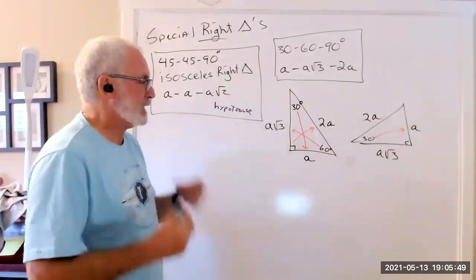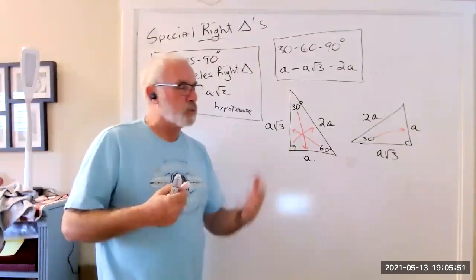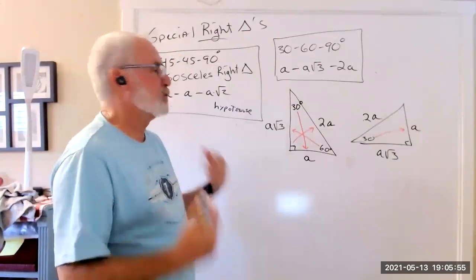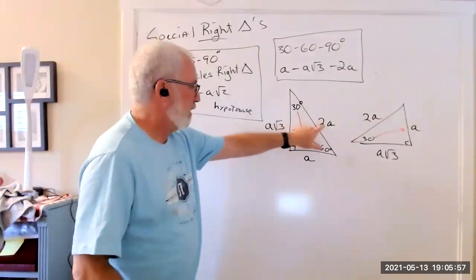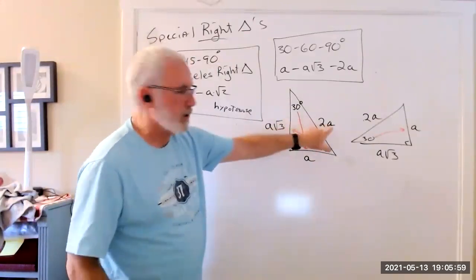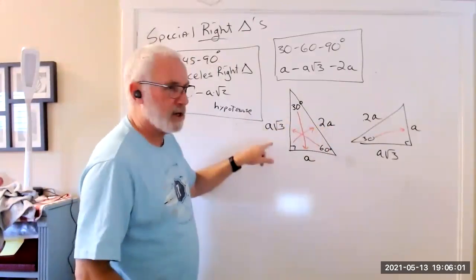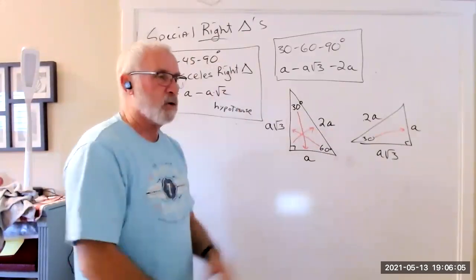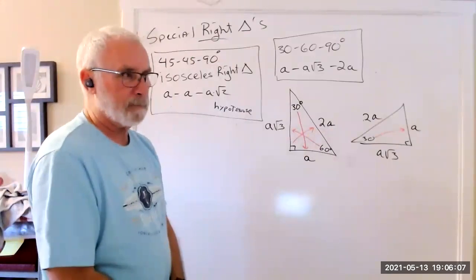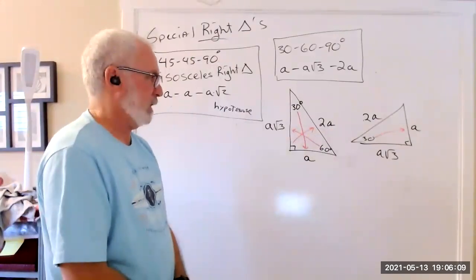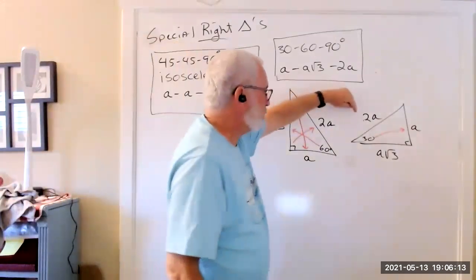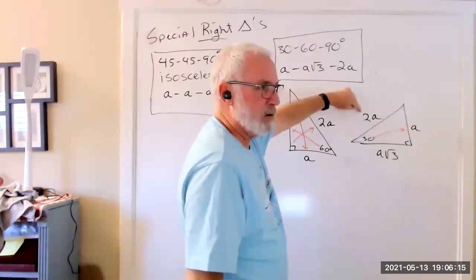That's the pattern, and it's real nitpicky. If you get those positions mixed up, if you put the A radical 3 and 2A in the wrong place, opposite the wrong angle, then your whole triangle is screwed up. Nothing's right about it at all. So the hypotenuse is always 2A.